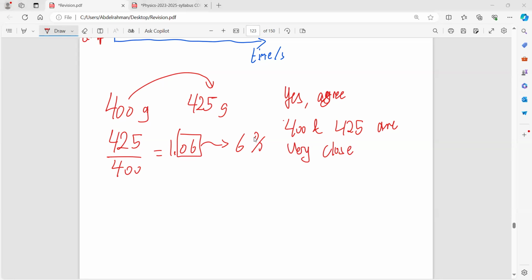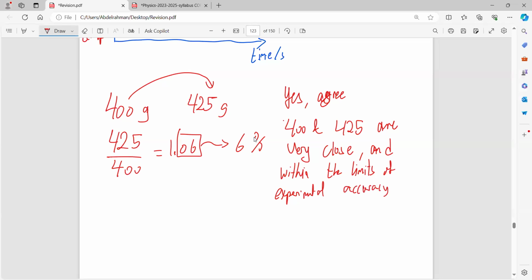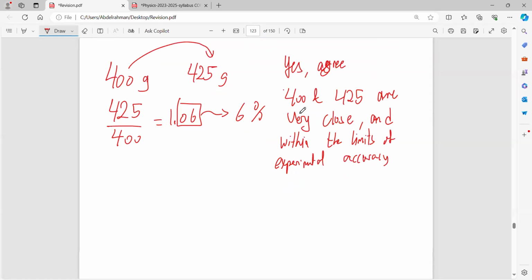They are actually very close and within the limits of experimental accuracy. Why? Because it's less than 10%. So this is definitely within the limits of experimental accuracy. If it's much greater, it would be exceeding the limits of experimental accuracy.